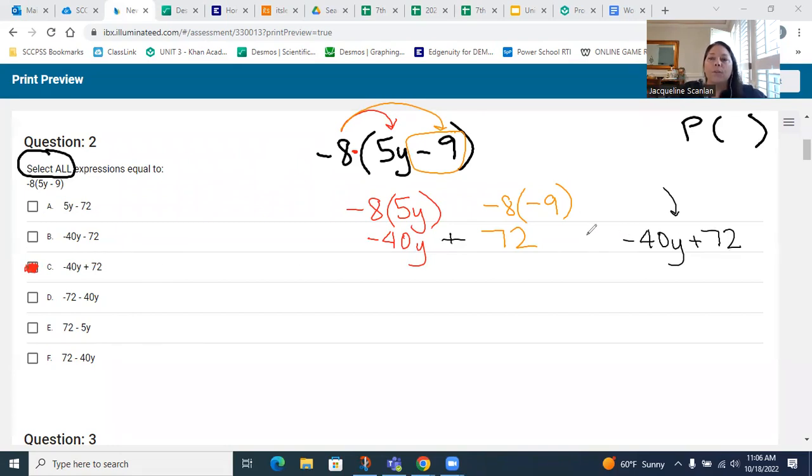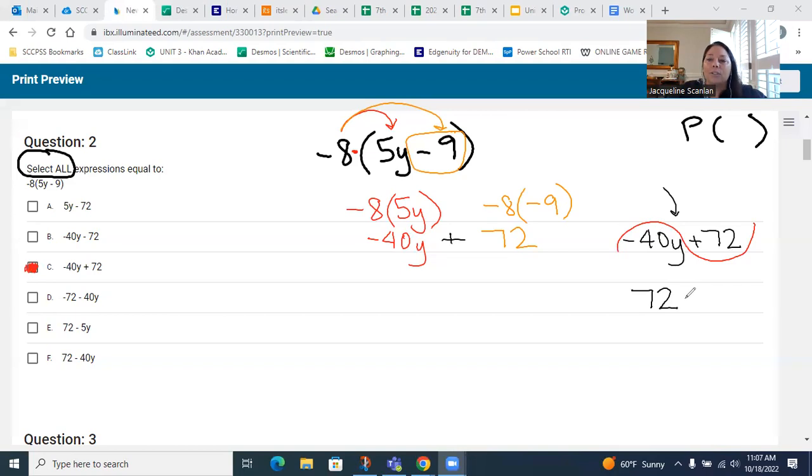The only other thing that I could do to this answer is to reverse my two terms. I could put the 72 up front and the negative 40y behind, because the commutative property tells me it doesn't matter which order I add numbers together, I'm going to get the same thing. So I could put the 72 up front, and because it's positive, that sign where I would normally write positive 72 just becomes invisible.